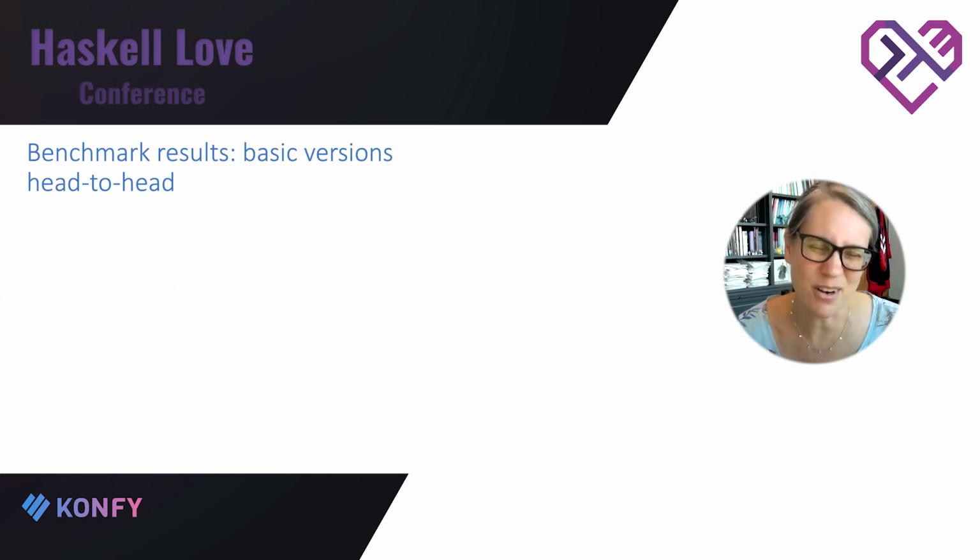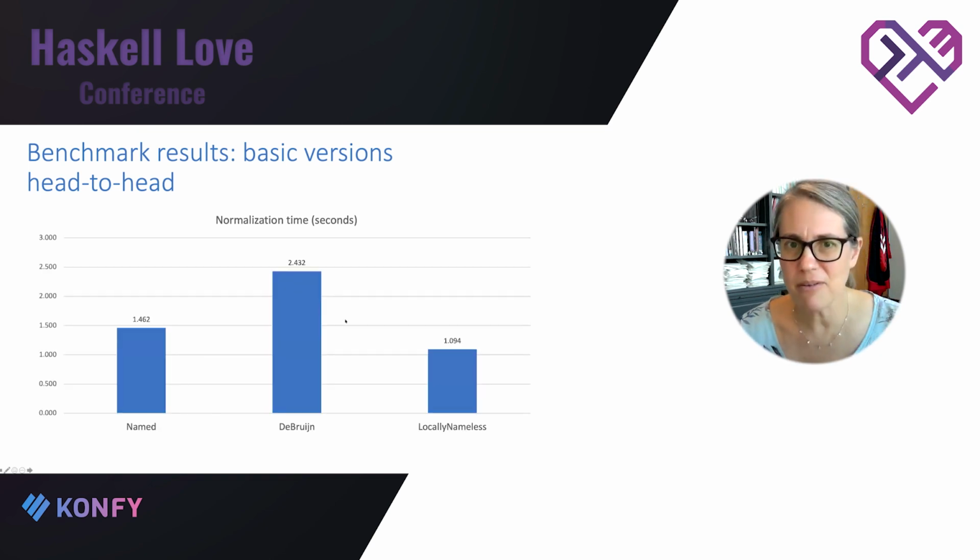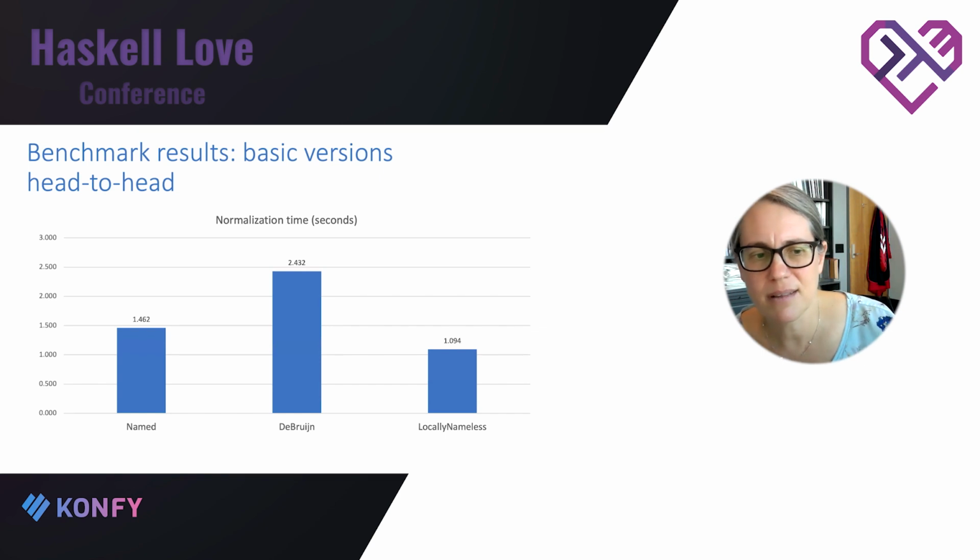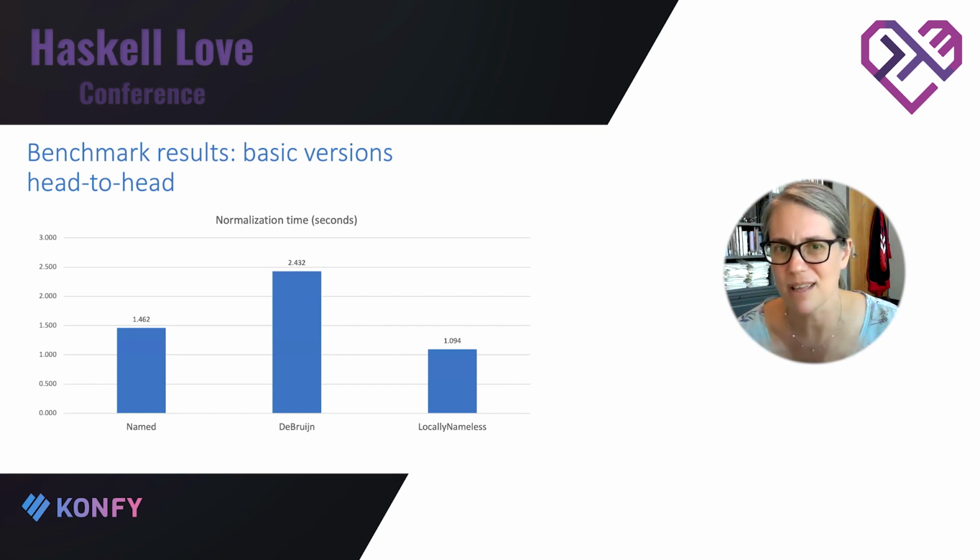You might guess, which one do you think is going to be faster? And here's what I found out. It turned out that they're all fairly close to each other. It's not as significant a difference as we saw from the libraries before, which was orders of magnitude.